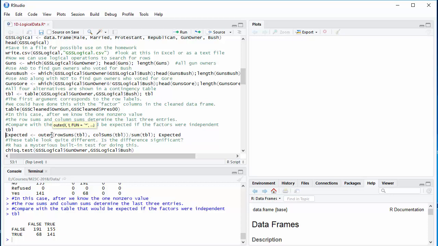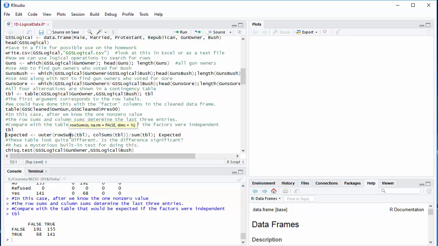It's called outer. What it does is it takes 2 vectors and applies an operation to each pair of entries. The default operation is multiplication, so I didn't even have to specify it. But if I had put comma plus, it would have added them together.